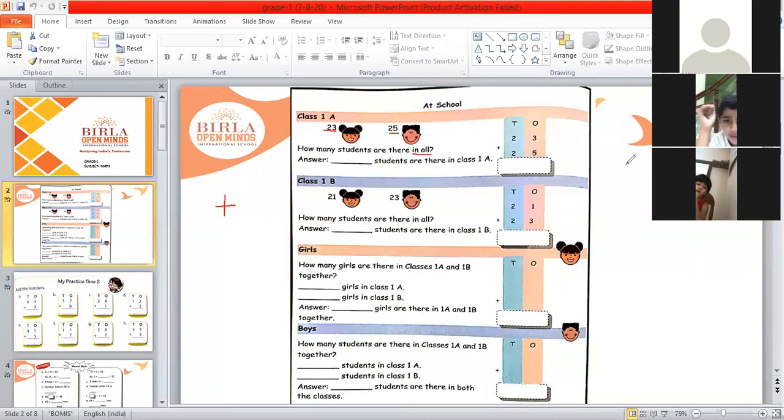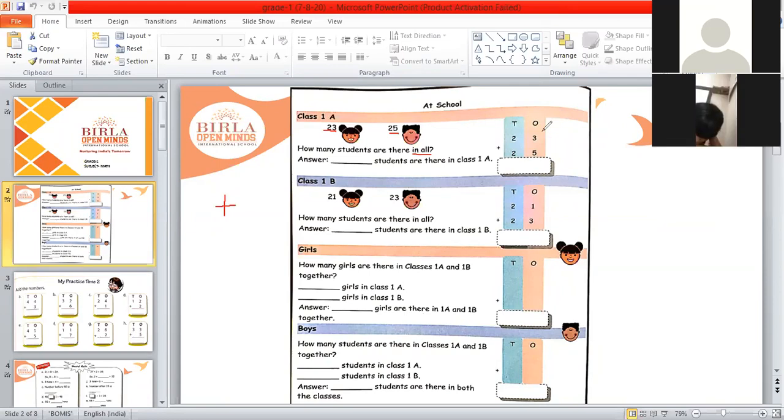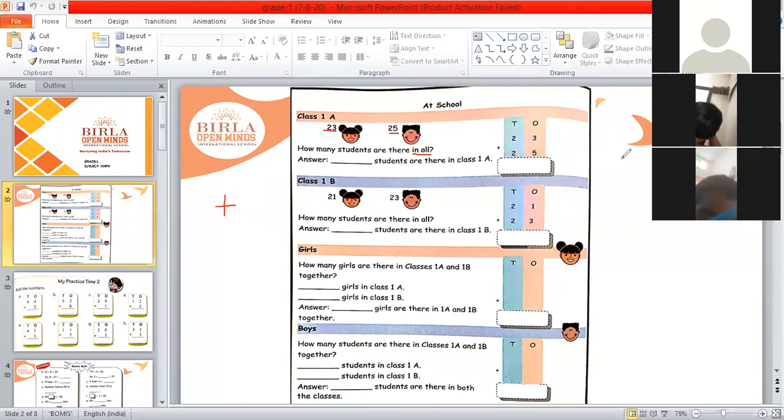First question. Yeah, read these numbers. What is it? 23, 25. And what about the symbol? Plus, ma'am. Yeah, now read this question properly again. 23, 25. Wrong. That's wrong.